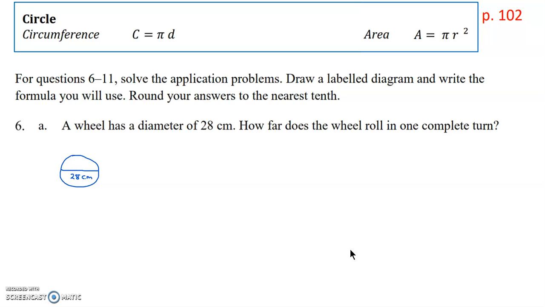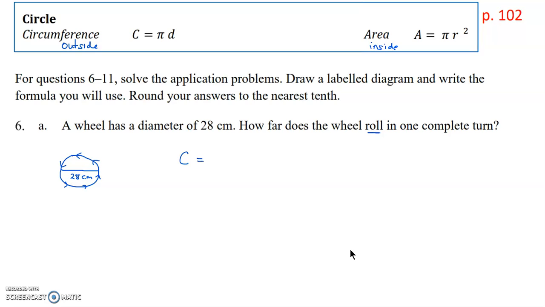How far does the wheel roll in one complete turn? Okay, well remember, we're either dealing with circumference, which is the outside measurement, or area, which is the inside measurement. When you are rolling a wheel, the outside of the wheel is touching the ground. So this is a circumference question.